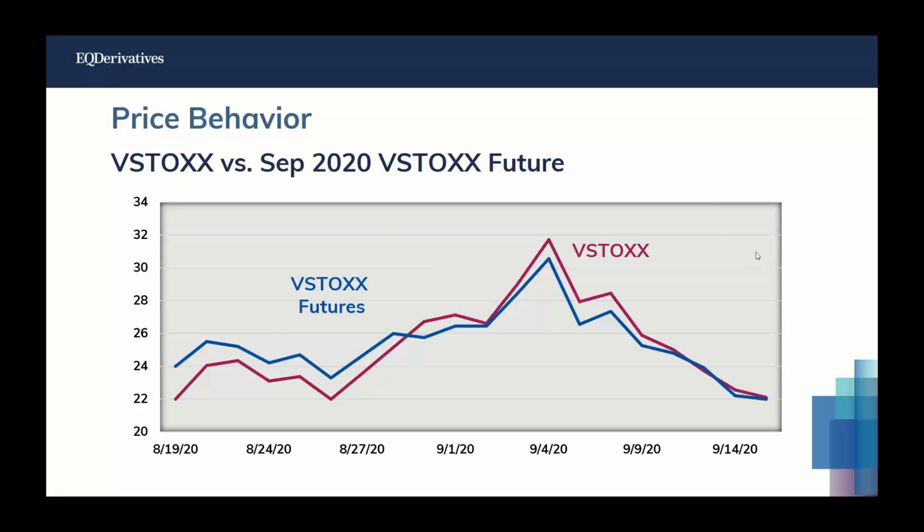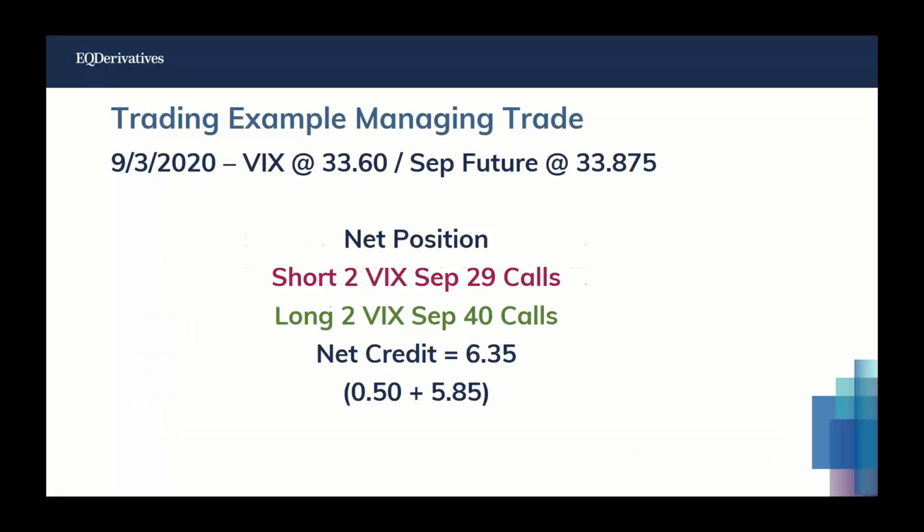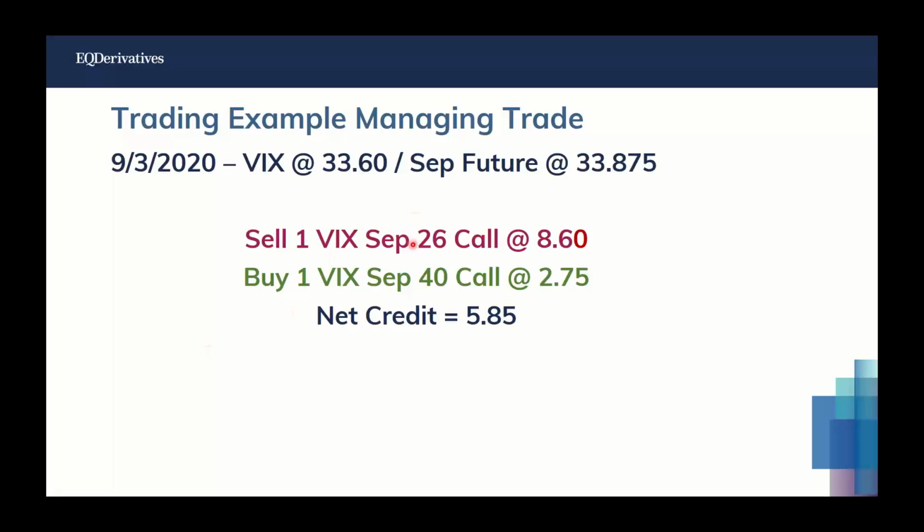And hold on, Henning, managing trade means out to the broken butterfly. Yes, the managing trade, I'm going to go back real quick before I start digging into the VSTOXX trade. The managing trade was basically selling the lower strike call for 860 and buying another one of those 40 calls.